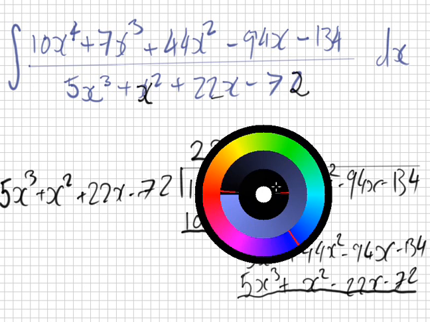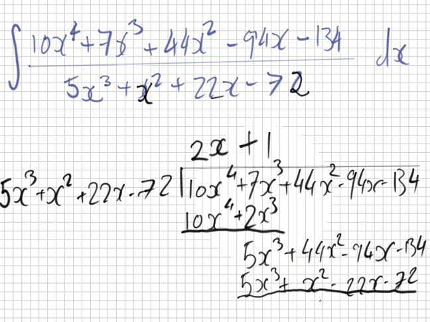So my remainder will be, I'll do it in red to make it stand out a bit more, 43x squared. And then we have minus 94 plus 22, so that's minus 72x. And then minus 134 plus 72.